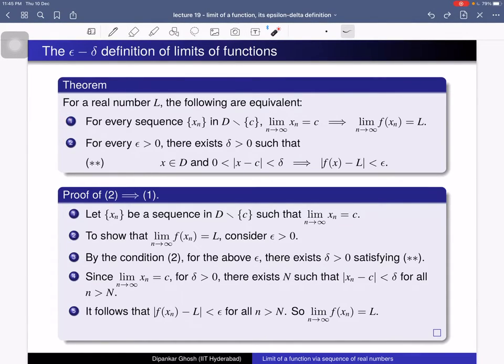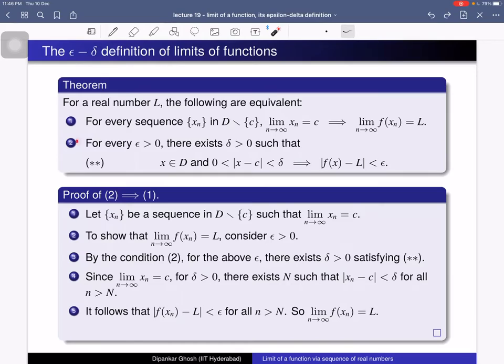So 2 is saying that for every epsilon there exists delta such that for all points in D which are there in the deleted delta neighborhood of C, this function value is there in the epsilon neighborhood of L. So suppose you have this condition, and we want to prove condition 1.